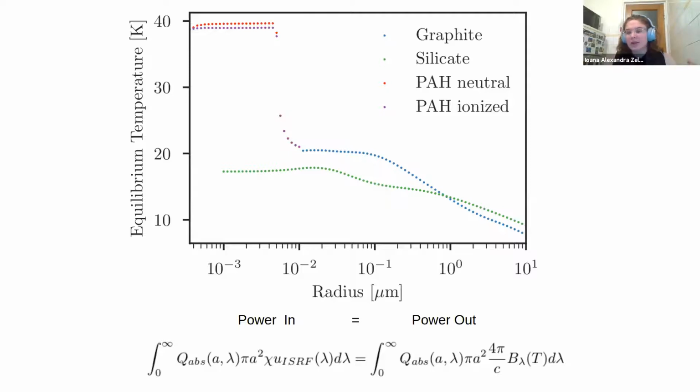And to calculate the equilibrium temperature, assuming they're in equilibrium, we have to say that the power in, which is the power absorbed by the dust grains, is equal to the power out, the output power of the grains. So using my model for the interstellar radiation field, I calculated the equilibrium temperatures for each type of grains and for each radius of the grains.